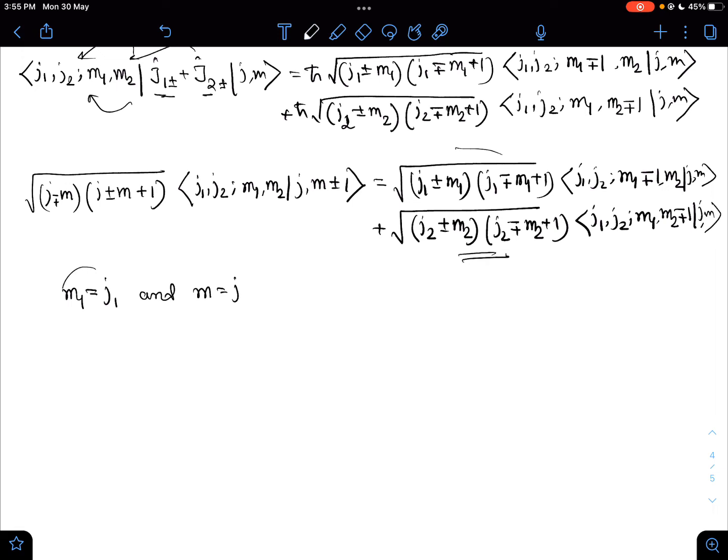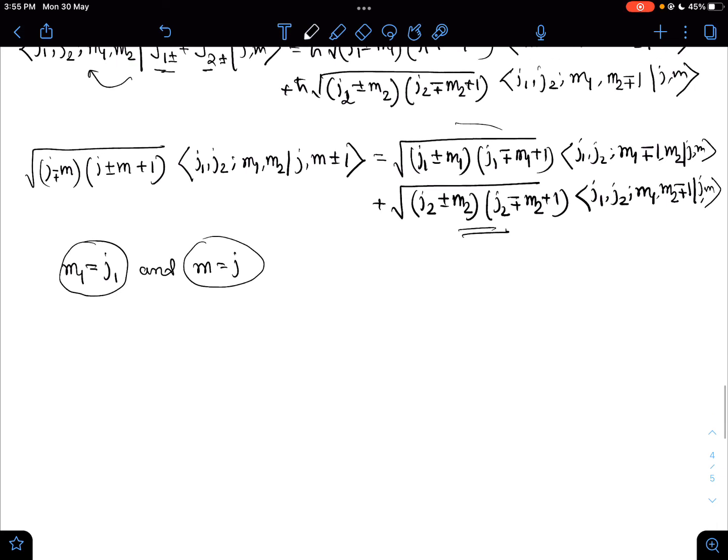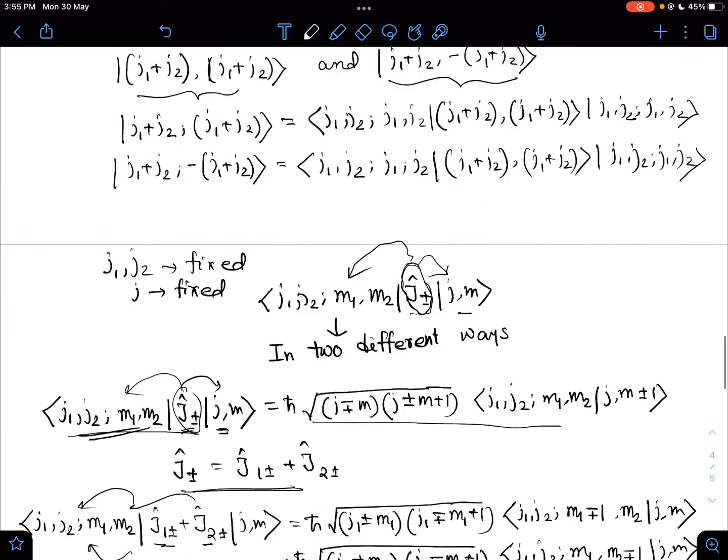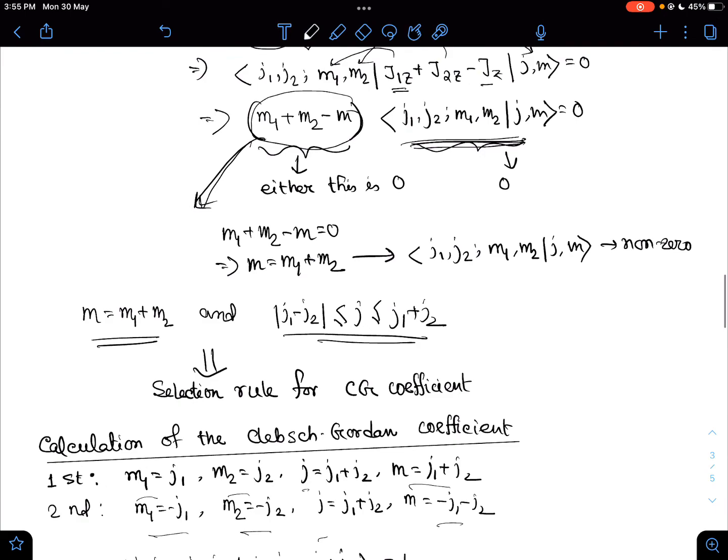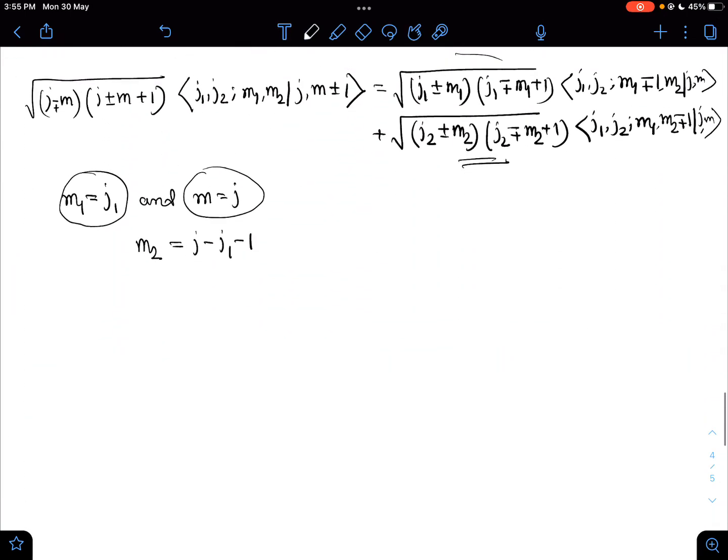Now M2 can be only J − J1 − 1. Why is it this? Because we know that the maximum J value can be J1 plus J2. So from that we can conclude that M2 can be J − J1 − 1.